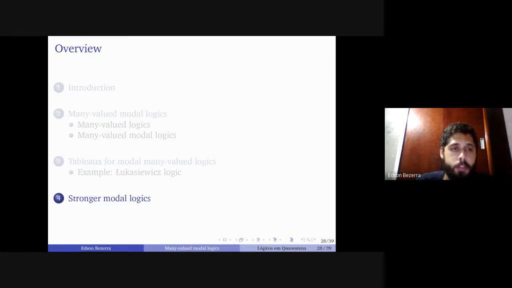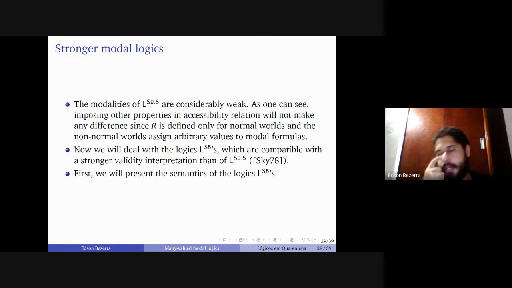Well, these tableaux, these logics in general, are very weak. As I said before, in the classical case, we have, for example, that you can prove that S0.5 is the fragment of the modal logic T whenever you consider formulas with modal degree 1. But we can strengthen these systems and obtain stronger modal systems, many valued modal systems. Now I present the logics LS5, which are compatible with a stronger validity interpretation.